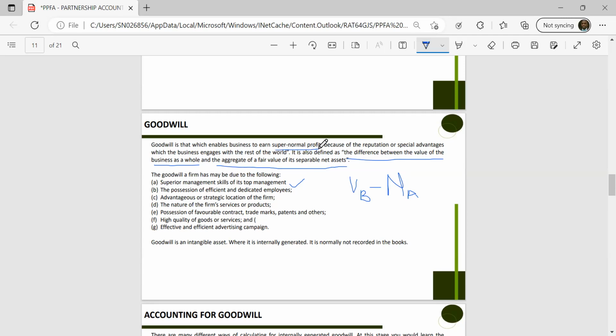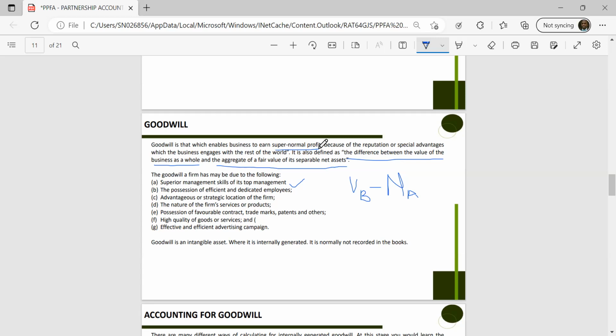So you say goodwill is an intangible asset that a company has. You can't hold it physically. But goodwill is an asset because it's goodwill that makes the profit, that makes the business continue to earn supernormal profits. Advantages or strategic location of the firm, it might be that's a goodwill. You might just be located in one strategic location such that anybody that is coming from anywhere, they will just see you.